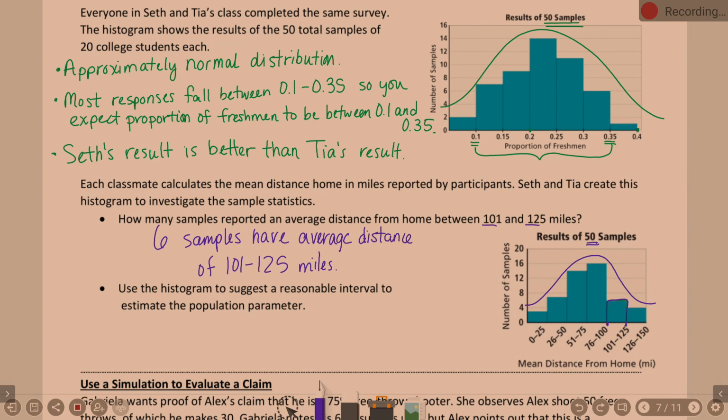Okay, so I think everyone could probably agree that these middle two bars are definitely high, aren't they? So when we talk about the interval, I think those two definitely need to be involved. And that right there is going to be 50 to 100.